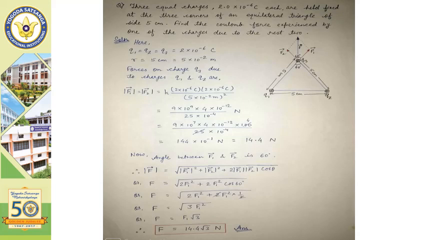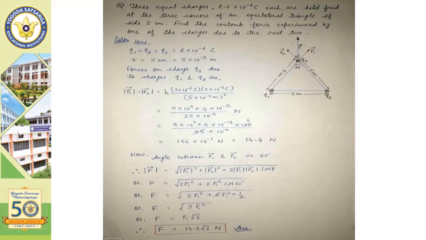Now we can see these two forces F1 and F2 are in different directions, and hence for finding the net force acting on charge Q3, we have to apply the parallelogram law of vector addition here. The three charges are located at the vertices of an equilateral triangle, so the angle between the vector F1 and vector F2 is 60 degree.